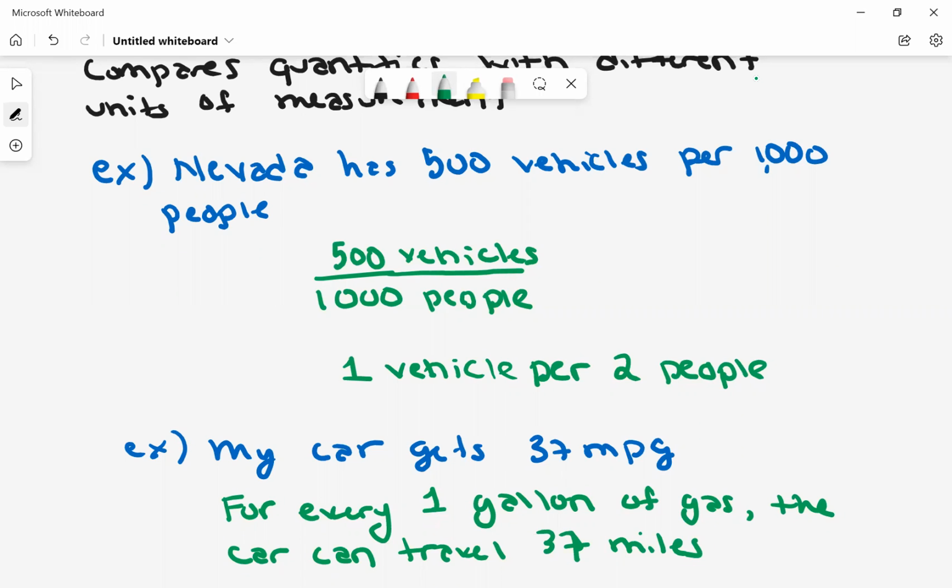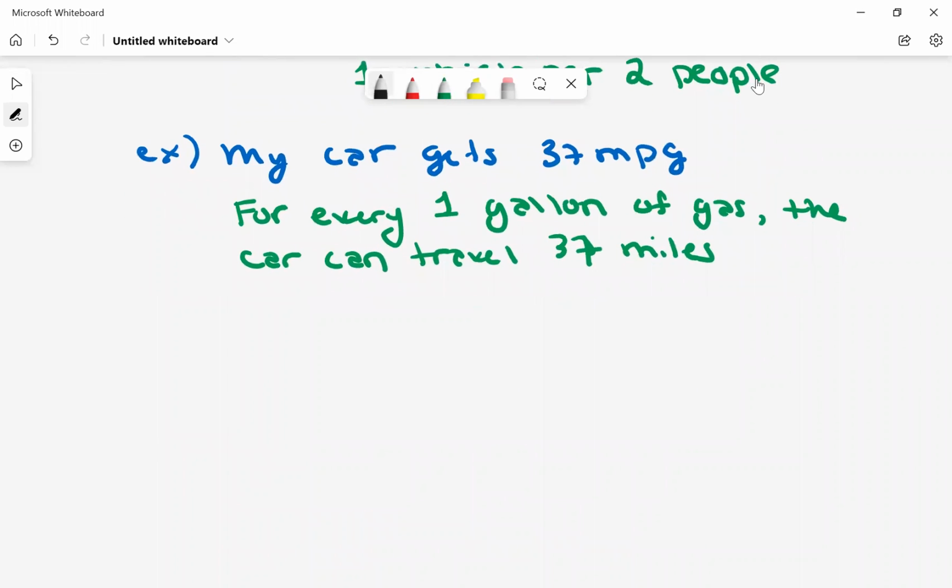But what both of these really lead to, the really useful thing, is proportions, because proportions allows us to start doing some serious applications.